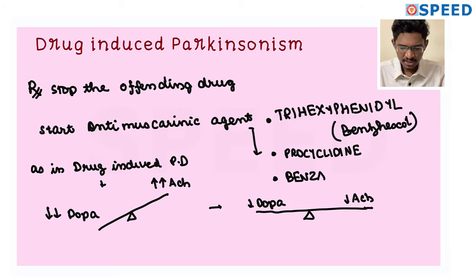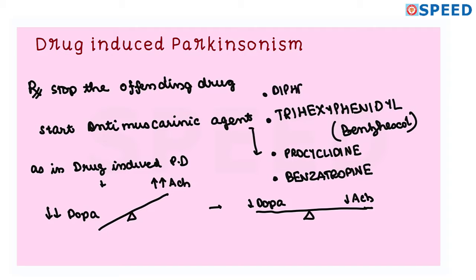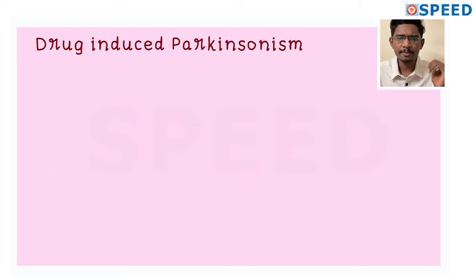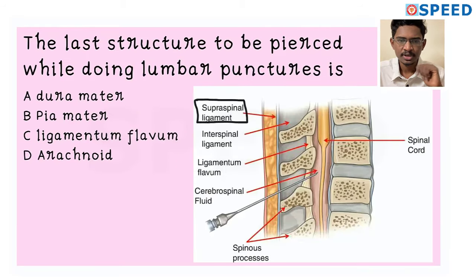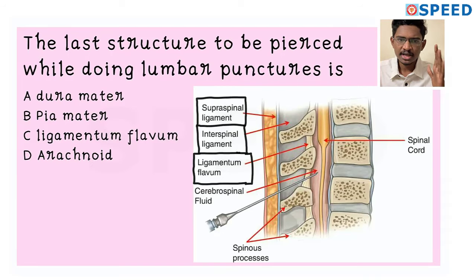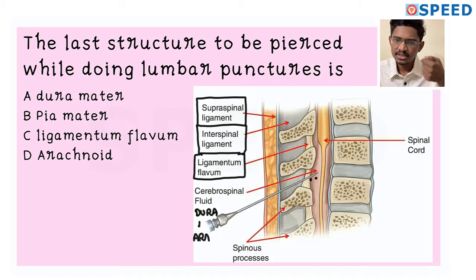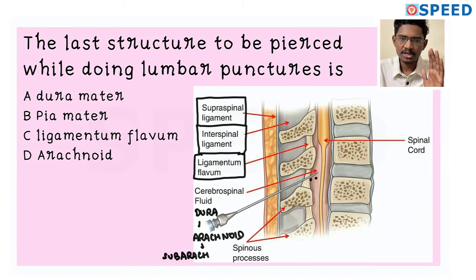Okay. Next question. The last structure to be pierced in spinal anesthesia is... It's an easy question. Dura mater, arachnoid mater, ligaments they have given. Obviously, CSF is in the subarachnoid space, so the last membrane to be pierced will be the arachnoid membrane.